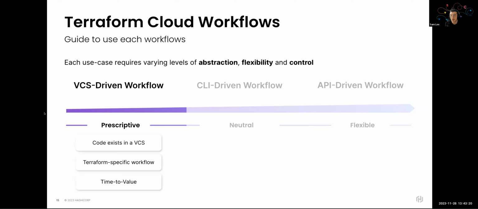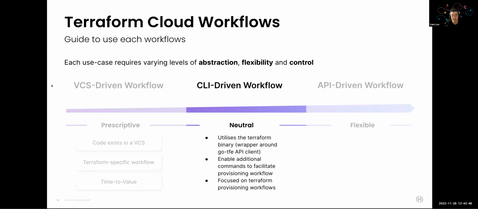You're not going to do anything additional pre-Terraform or post-Terraform workflows. And you also want to maximize the time to value that you have in terms of trying to solve the problem that you have. So you don't want to spend too much time on it. You know it's just going to be provisioning infrastructure. The VCS-driven workflow will be best suited for those use cases because all you're doing is writing Terraform config files, creating pull requests for reviews, merging it back into the main branch for deployments.